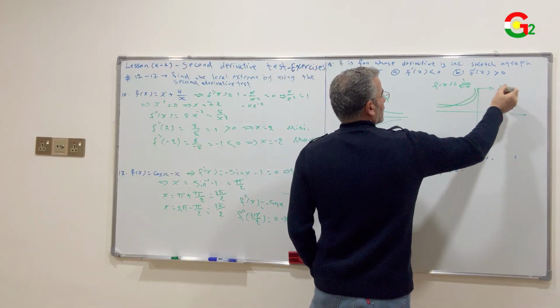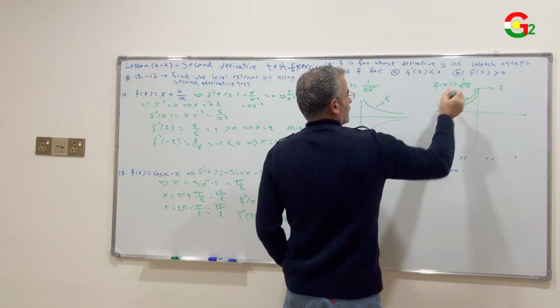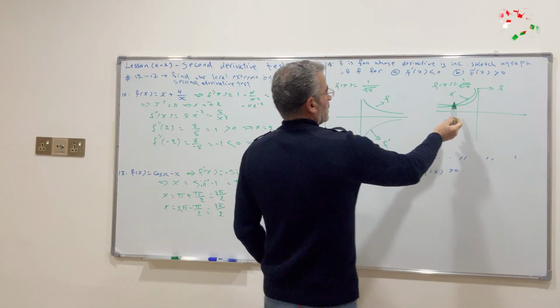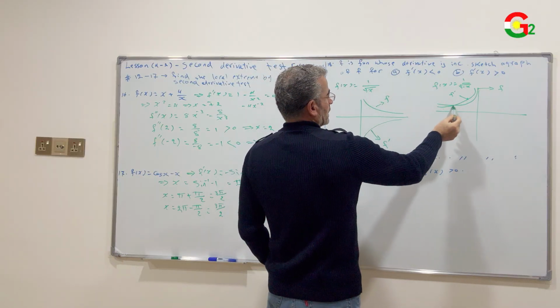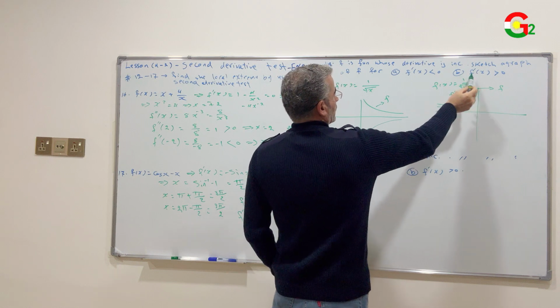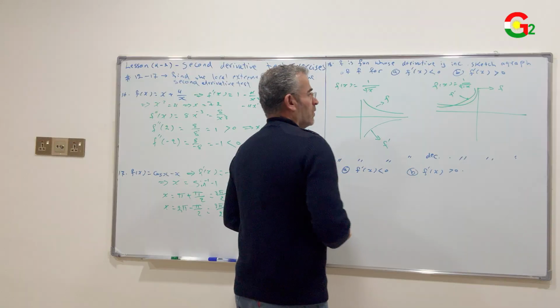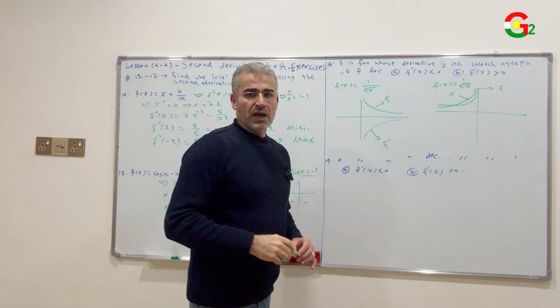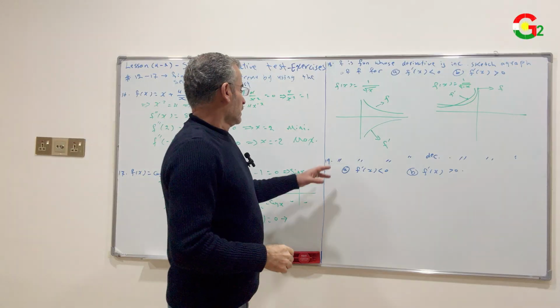This is the function f, and this is the derivative. As you see, the derivative of the function is increasing, and also it is greater than 0 since it is over the x axis. Question number 19.